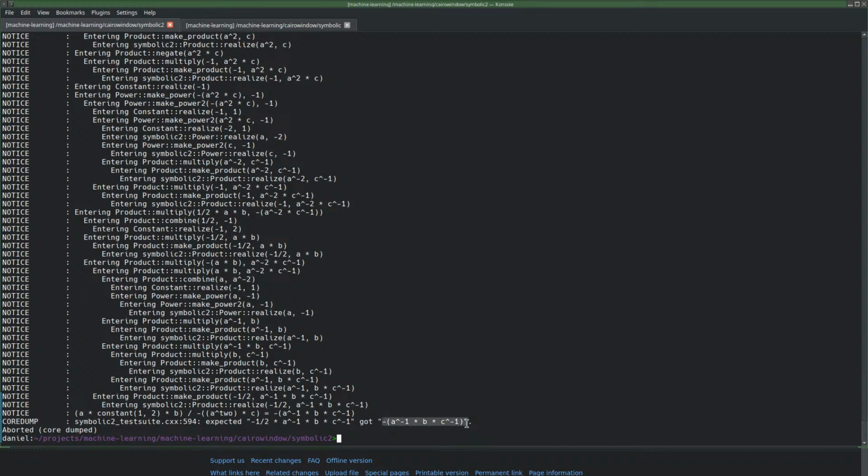And then it's printed like that. Maybe a negative constant times something is printed wrong.